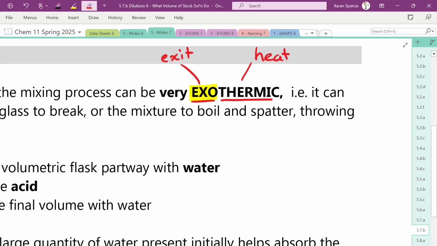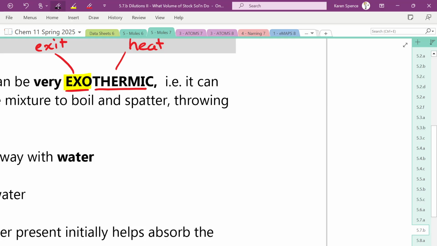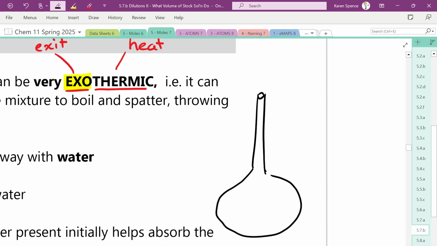So there is a rule of thumb. Instead of doing that, we are going to make the volume bigger, so that there's more liquid, more water, to absorb the heat. And we do that by, in our flask, instead of putting the acid in first, okay, so if we put the acid in first, you can see that would be just a little tiny bit of volume.